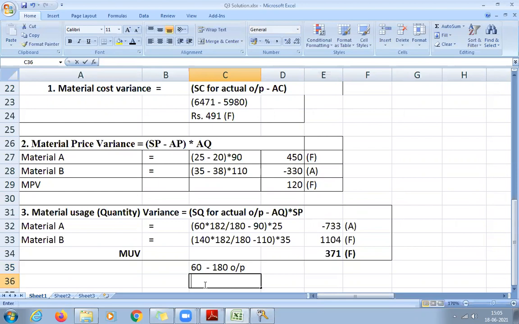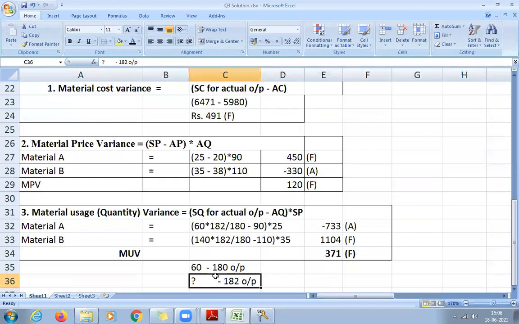Now if the output is 182, this is the actual output, so it is not matching, right? If the output is 182, obviously material A will be more than 60, because they have to use more material to get that additional 2 units of output.